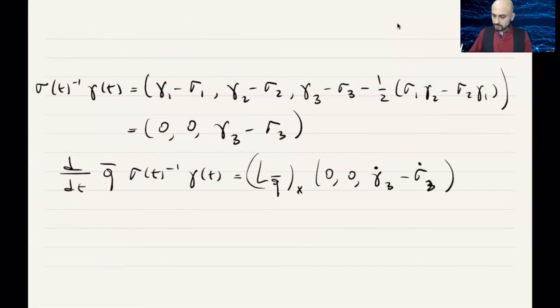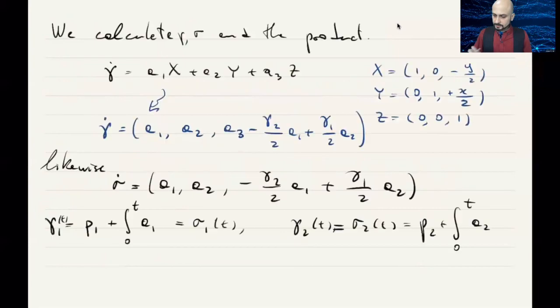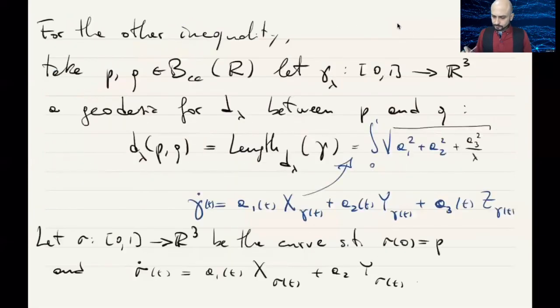By construction, the difference between gamma dot and sigma dot is equal to a3. This is the only difference that they have.